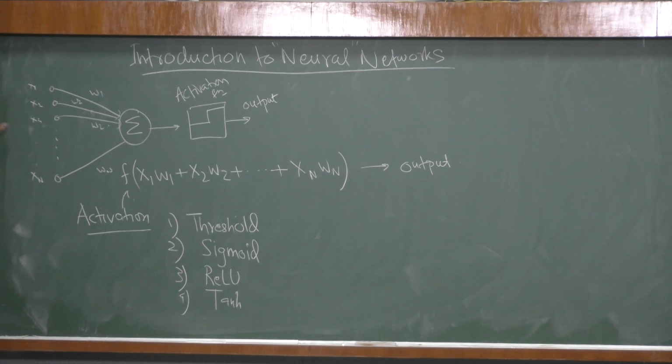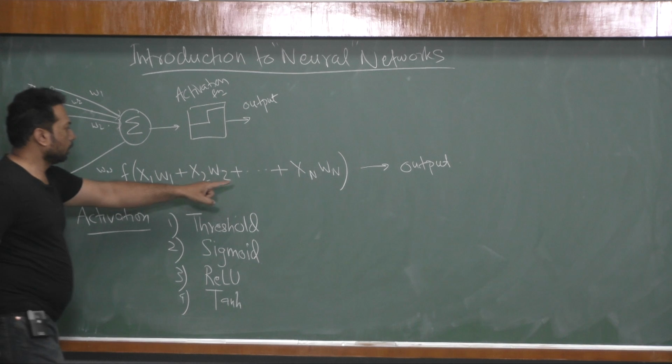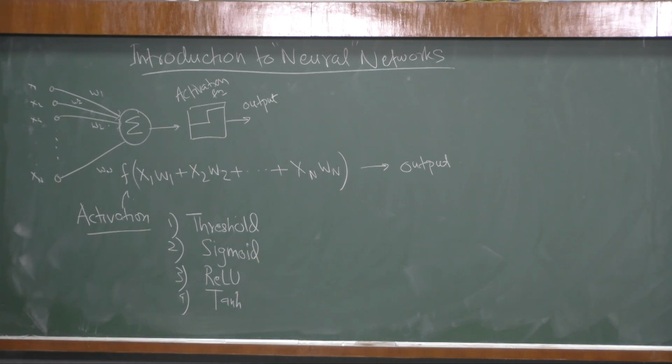Now this could represent a machine learning problem basically, and this is the parameterized function that we have, and this is parameterized by the weights w1 to wn. So for example, this could be a prediction based on some features.